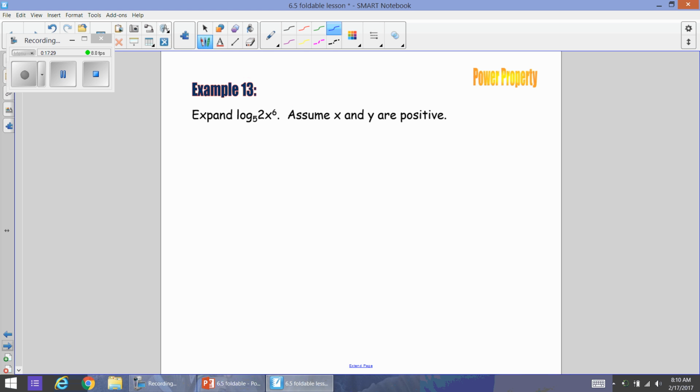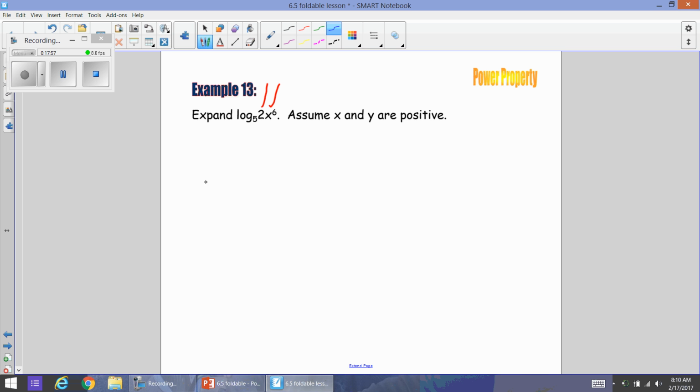Okay, it says expand. It's log base 5 of 2x to the 6th. Okay, here's how we're going to do this. Either method works. We can just break them up one at a time. We can count them, whatever you want. But there is no division. So since there's no division, there's not going to be any subtraction. What I see is a 2 and an x to the 6th.